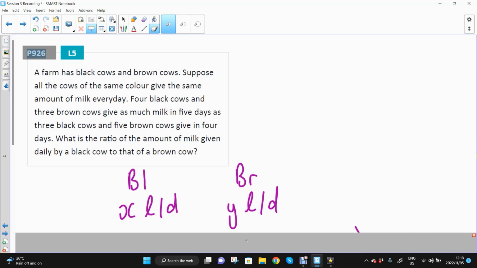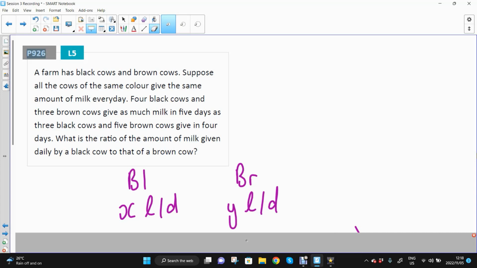So we are actually looking at the total amount of liters of milk made together. And they are comparing one situation to another, and those amount of liters in both the situations are the same.